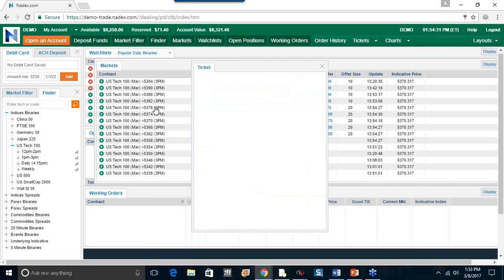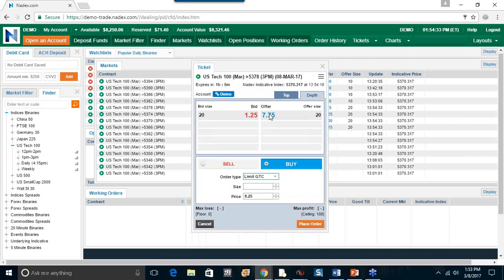Great. Here's 53.78. I want to buy it for $8, and I want to exit it when the price gets to $45. Buy it for 8, sell it for 45. And maybe I want to do 1. Maybe I want to do 5 and only risk $40.